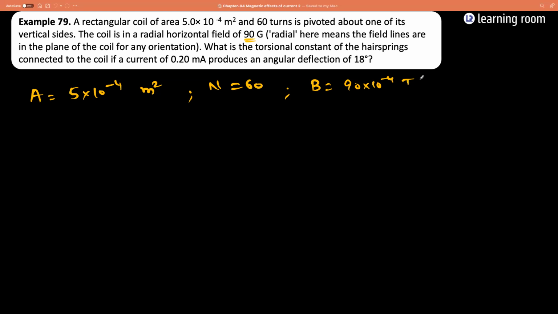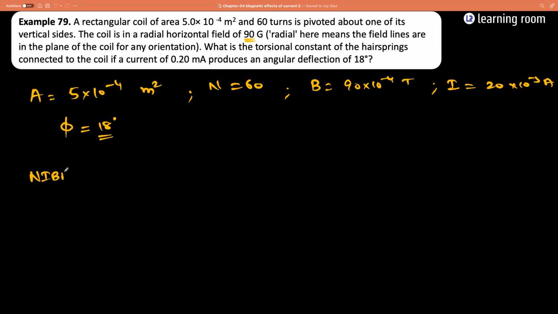What is the torsional constant of the hair springs connected to the coil if a current of 20 milliampere produces an angular deflection of 18 degrees? Tell me how to solve this.